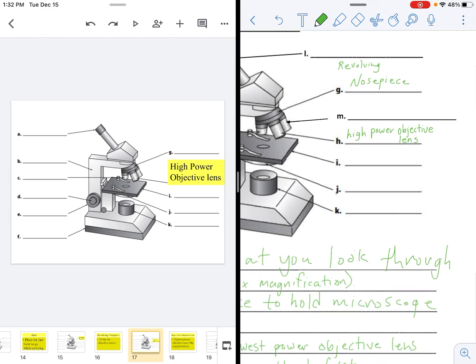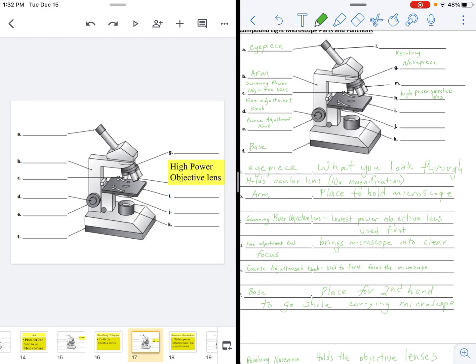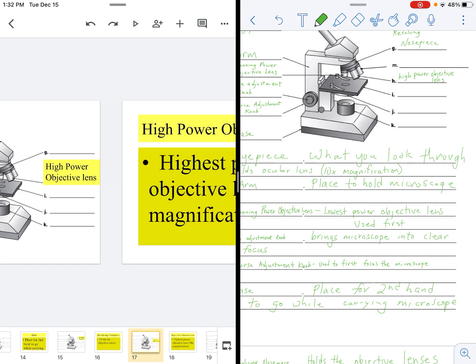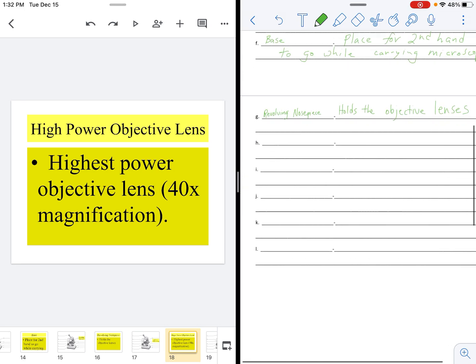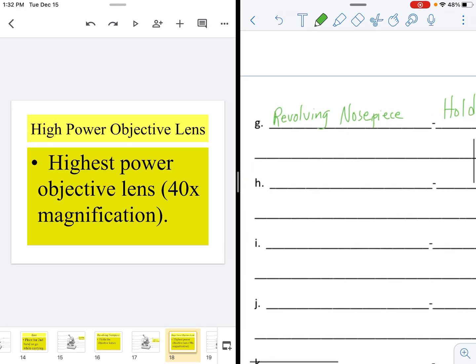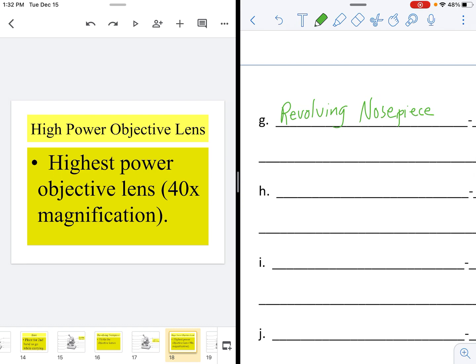So, like the name implies, it is the highest power lens for magnifying with the microscope, and it magnifies things 40 times. So we'll write that down for our function for letter H.